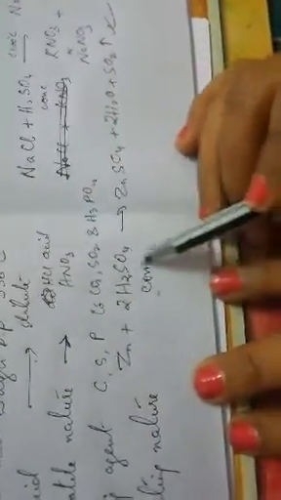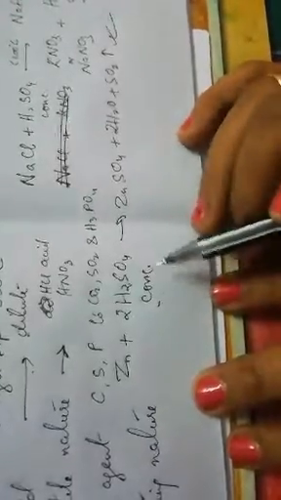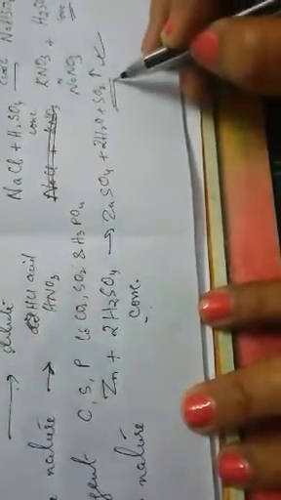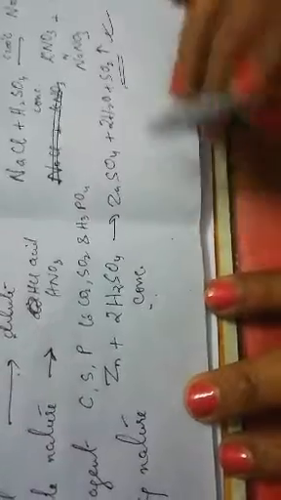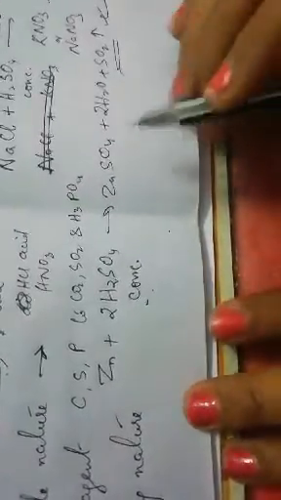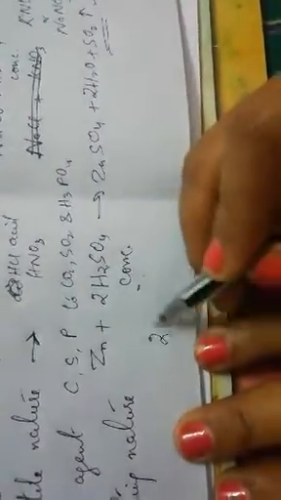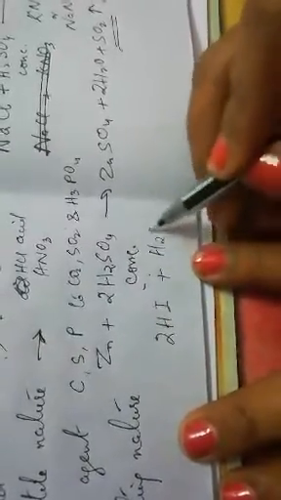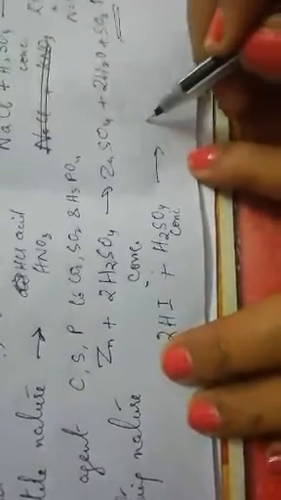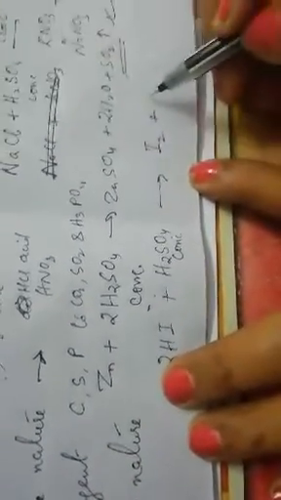Very, very important. Here remember, if the acid is in dilute form, you will get hydrogen gas with zinc. But with concentrated sulfuric acid, the gas evolved is sulfur dioxide. This is the oxidizing property of sulfuric acid. Now it also oxidizes hydroiodic acid to iodine by loss or removal of hydrogen.